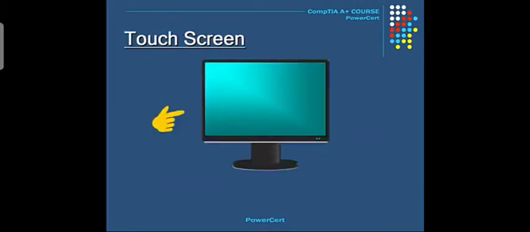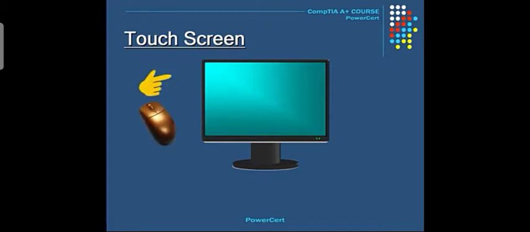A touchscreen is basically an LCD monitor with an input detection system. It's a grid that senses the touch by a finger. It works the same way as if you were using a mouse, but without the mouse itself, because you are using your finger instead. The touchscreen receives a touch in the same way as if you were clicking a mouse button.